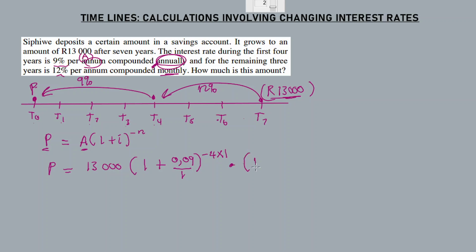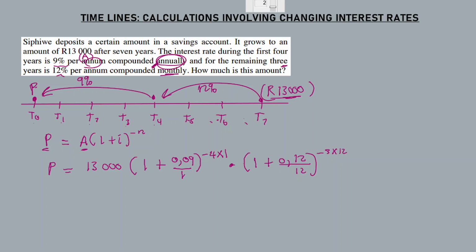Times 1 plus 0.12 divided by 12, since it's compounded monthly, raised to the exponent minus 3 times 12, for the remaining 3 years.